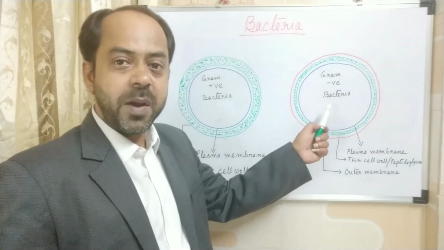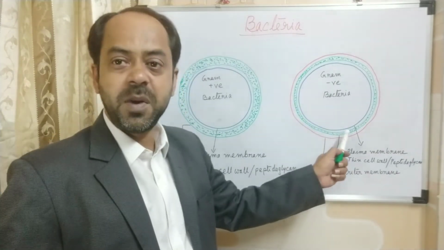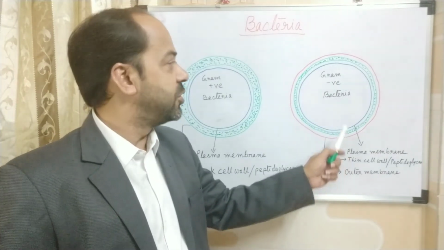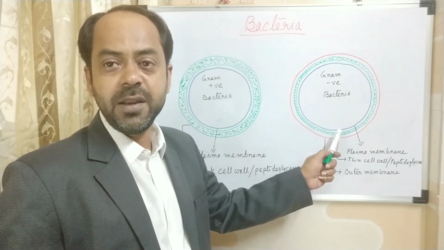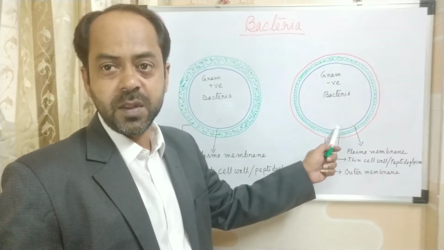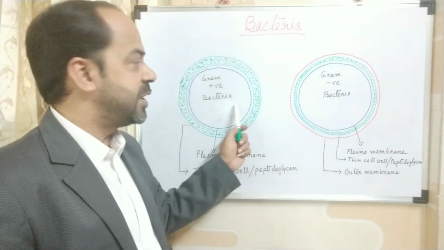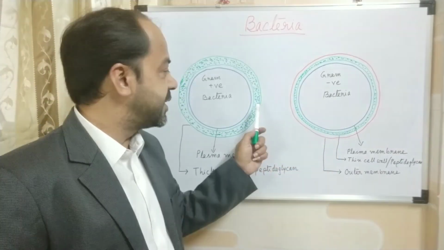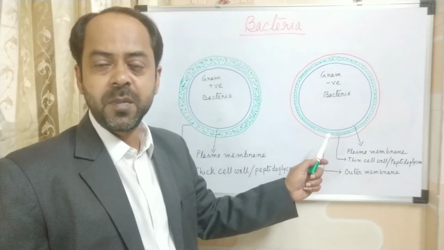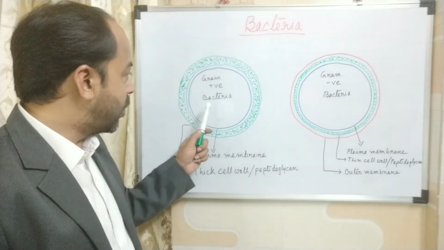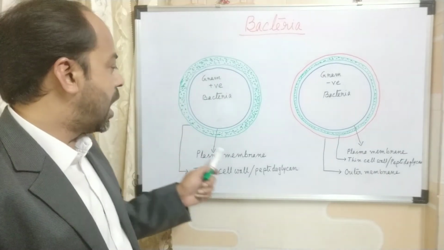In gram negative bacteria, the layer is present, but it is very thin. That is the difference. Gram positive bacteria cell wall is thick, and gram negative bacteria cell wall is thin. Next, in gram positive bacteria, there is no outer membrane.